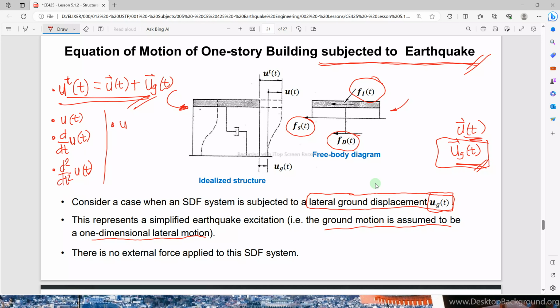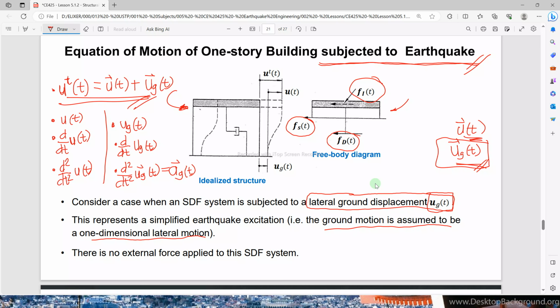Now, for the lateral ground displacement symbolized by ug, if you differentiate it with respect to time, we will have the ground velocity. And if you differentiate for the second time, d²ug(t)/dt², we will have the ground acceleration, which we can denote as ag(t).